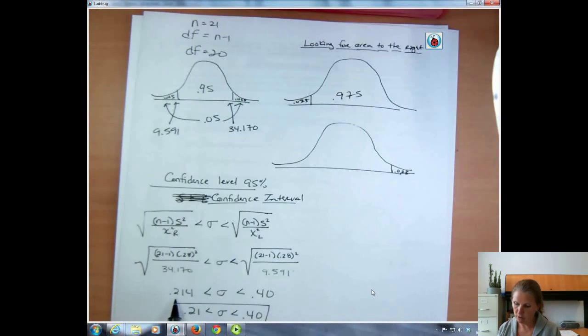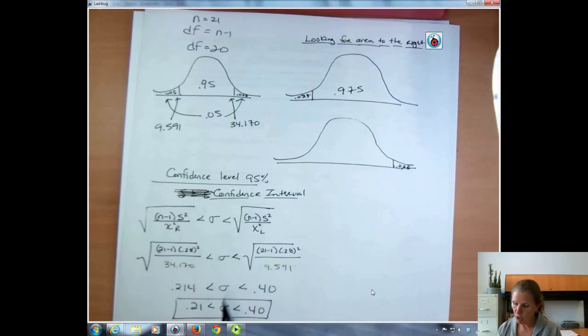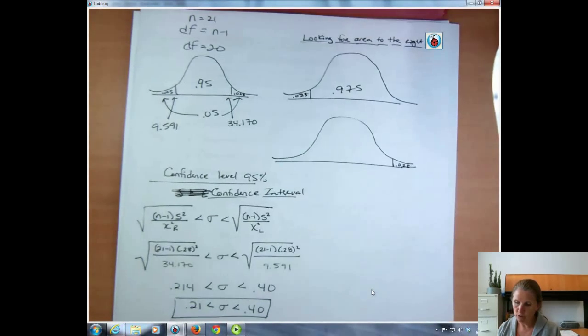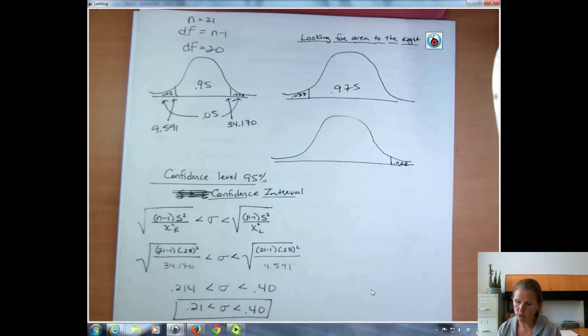That comes out to 0.214, 0.40. The actual problem asks for this to 2 decimal places. So rounded to 2 decimal places, it's 0.21 up to 0.40. So we're using that table to get the critical chi-squared values.